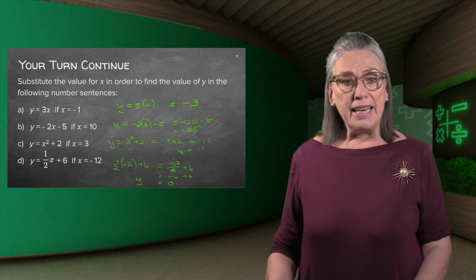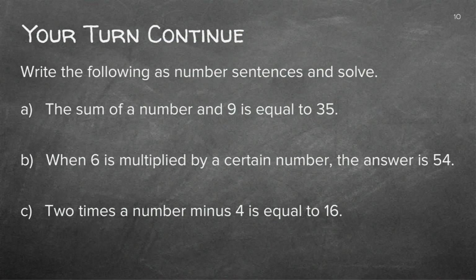Right. Now, let's do some of the number sentences. They ask us to write a number sentence and solve it. We've got to read carefully: the sum of a number and 9 is equal to 35. So say we use x plus 9 equals 35.